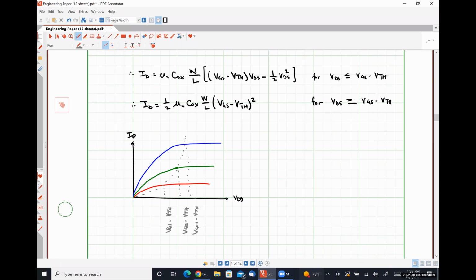But effectively, on the left-hand side here, we have operation in the triode region. And on the right-hand side of that parabolic arc that I did in gray, we have saturation region operation. And our device behaves differently depending on which side of that parabola we're on. Okay.